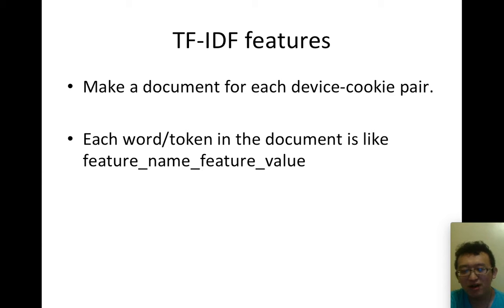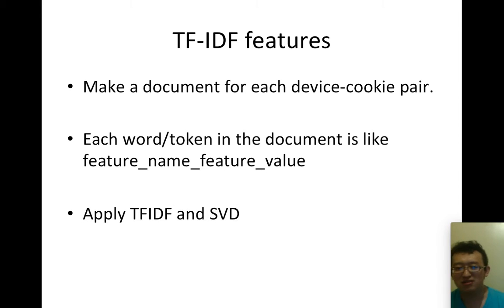The word or token in this document is just the raw features of the 7 CSV relational data tables. We build each token as the feature name plus the feature value. We build it this way so we can tokenize each document and then apply the TF-IDF and SVD transformation to it.